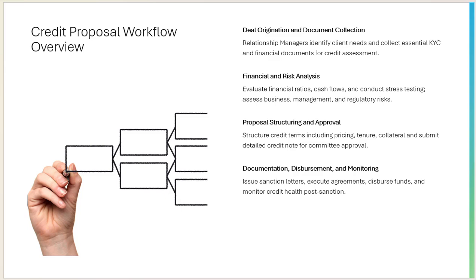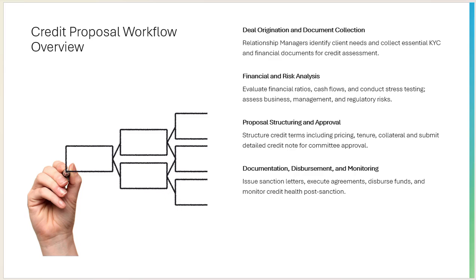Once the appraisal is completed, a detailed credit note is prepared, outlining risk mitigation, facility structure, and compliance with policy norms. This proposal then moves to the committee, where queries may be addressed before the sanction.